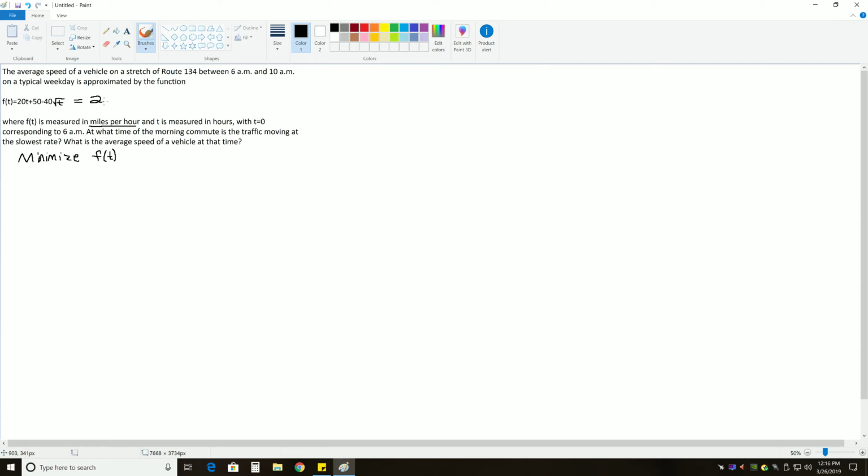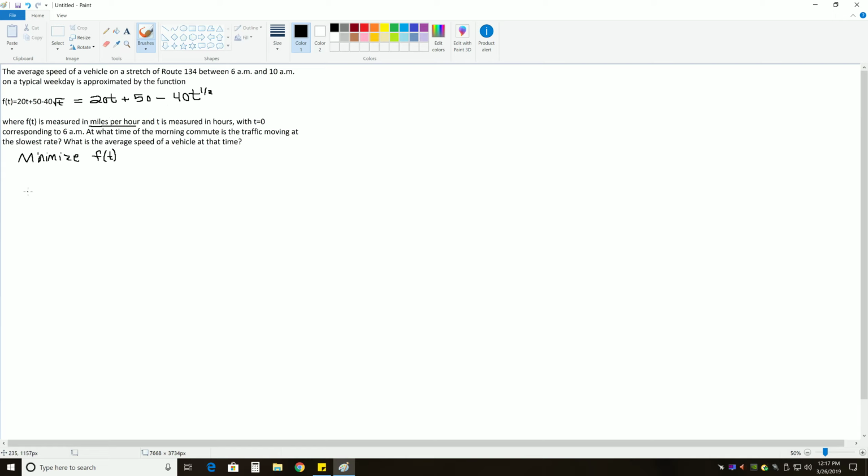We have 20t plus 50, and I'm going to change this minus 40 square root t to be minus 40 times t to the 1/2. Remember, whatever your root index is, so square root in this case, that's the denominator of your fraction. So square root means 1/2, cube root 1/3, and so on.